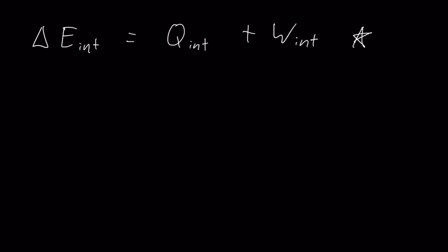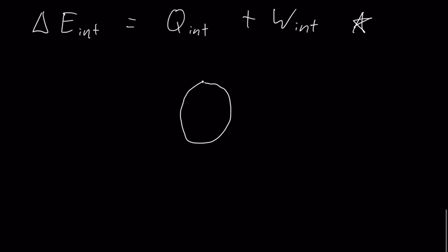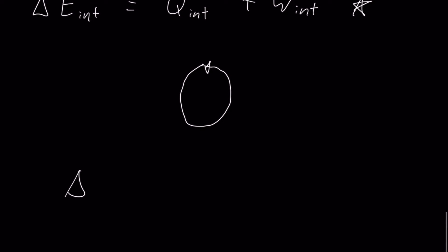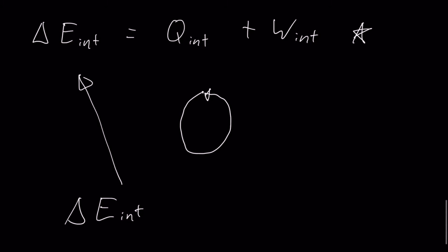Because this is a cyclic system, this engine goes through a cyclical process: it starts at some point, goes through some transition, and comes back to that same point. Because it's a cycle, we can say that the change in internal energy is 0. We're coming from this point, coming all the way back down, and ending at that same point. So the amount of energy that we started with has to be the amount of energy we end with.